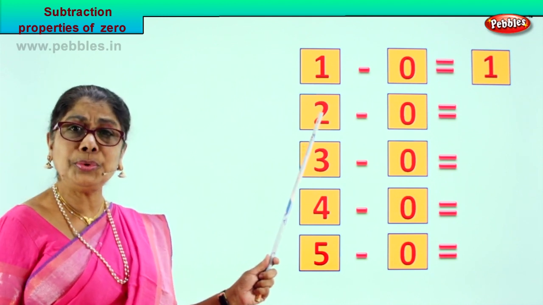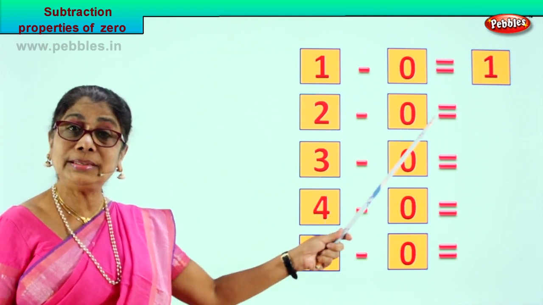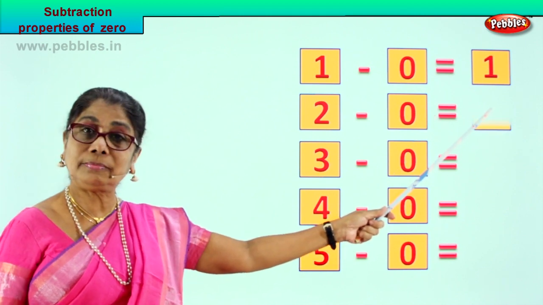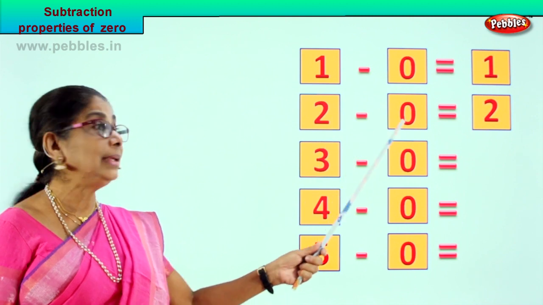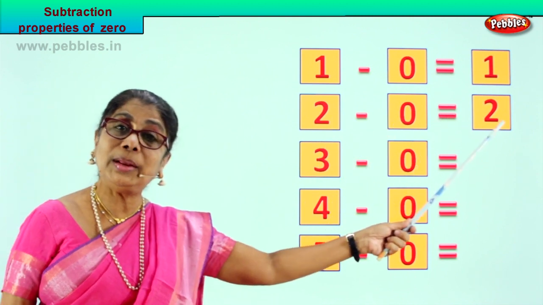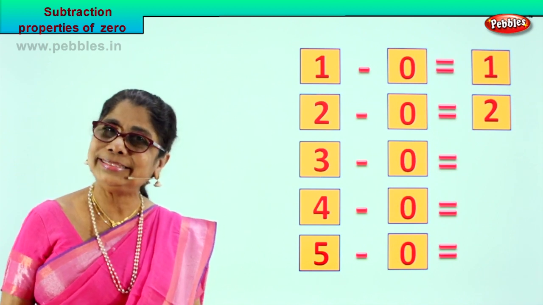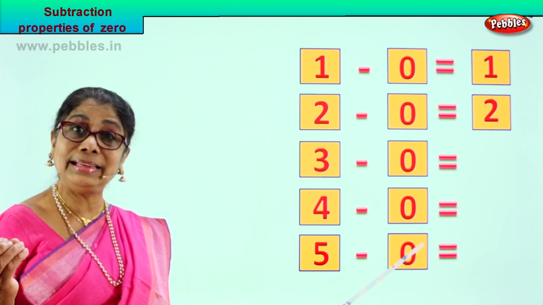Next, 2. Number 2 minus 0 is equal to the number 2 itself. Look again. 2 minus 0 is equal to 2 itself. You got it? Because there is nothing. When it is 0, there is nothing there.